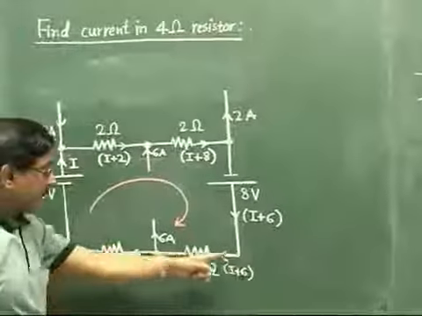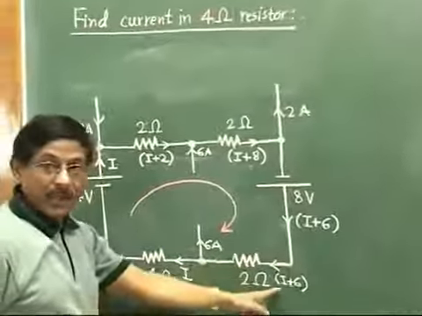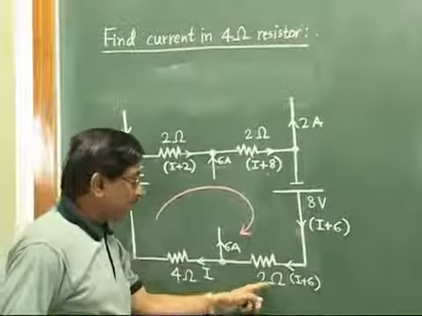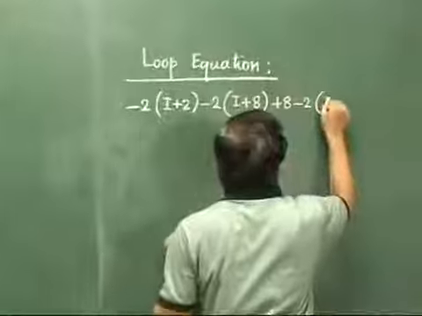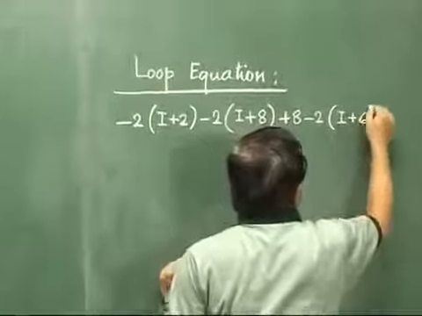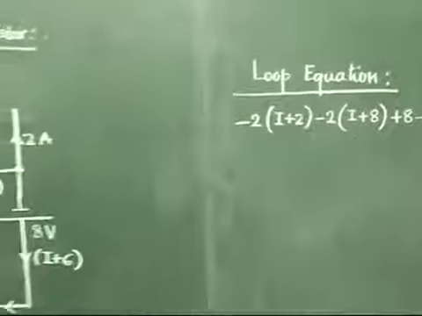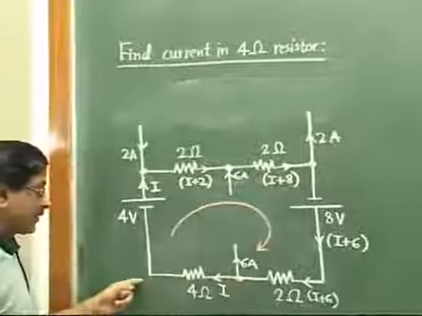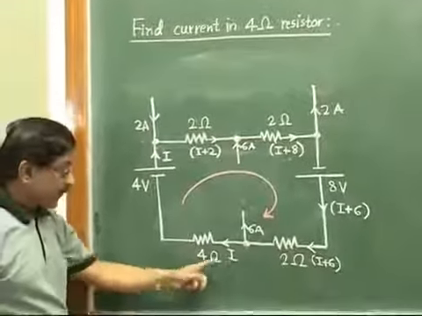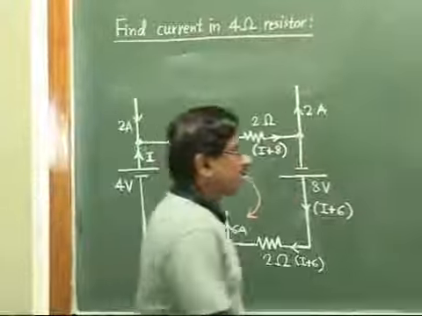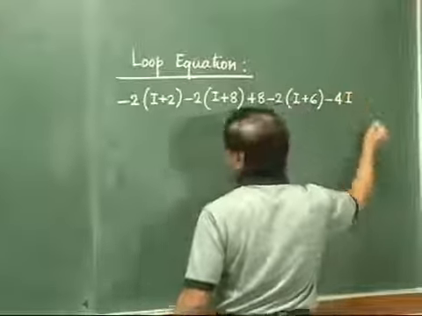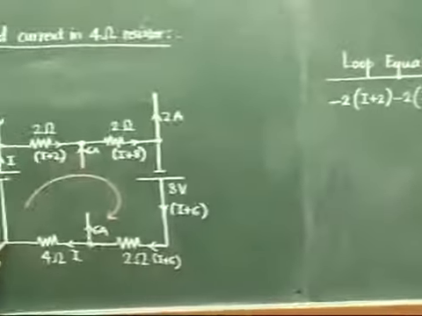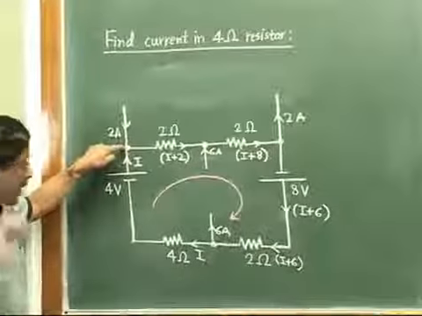Then left. Now this resistor is 2 ohm. Current is I plus 6. Again a drop. Minus 2 times I plus 6. Now we have reached up to this point. Then further left. Resistor is 4 ohm. Current is I. So minus 4 times I. And then from this point again to the starting point.